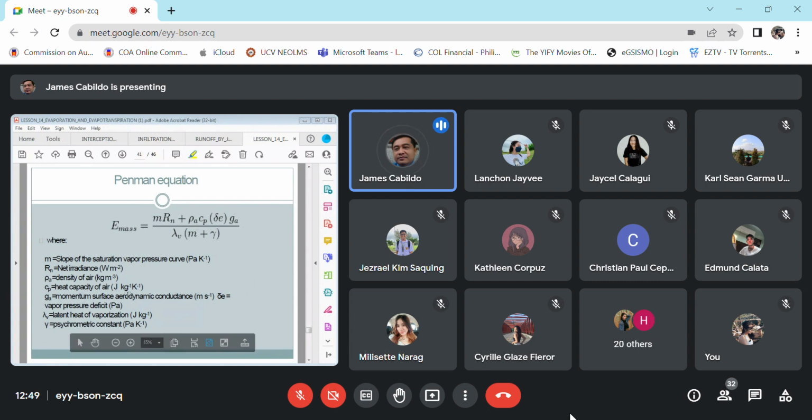Of course, which depends on the latitude of the place, and mean monthly temperature. Okay, so that's the Blaney-Criddle. And then we have the Penman equation, which gives the formula E sub mass. Okay? Mass of evaporation is equal to M times R sub N plus rho sub A C sub P.